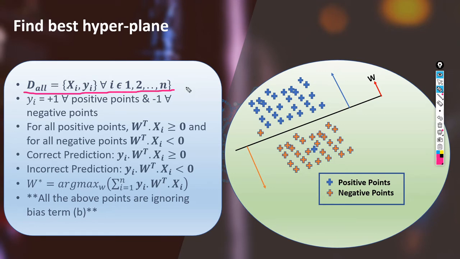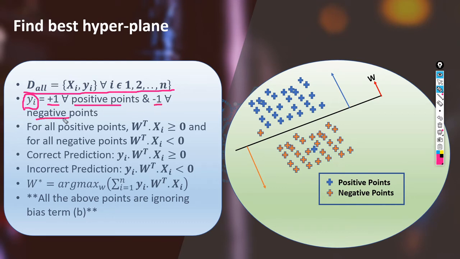Now we are saying that logistic regression is meant for mostly binary classification. So in binary classification, yi will have only two values, positive or negative. What we are saying is that +1 will indicate positive points and -1 will indicate negative points. I will tell you why.